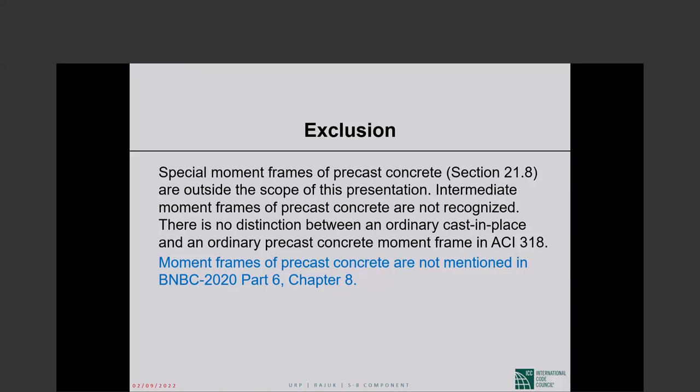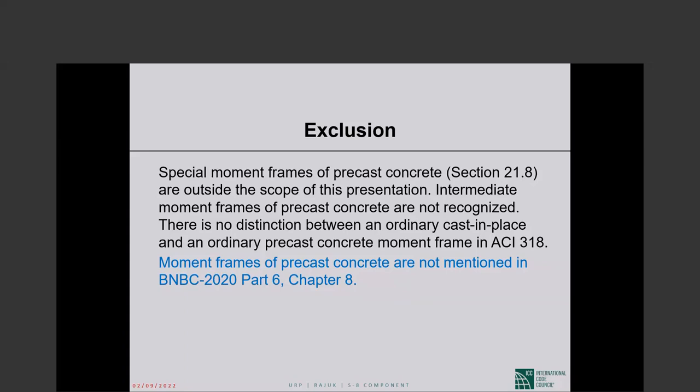And then this has come up before, I think in a question and answer session: moment frames of precast concrete are not mentioned in BNBC 2020 Part 6, Chapter 8. There was a question, and we have posted a written answer to that question on the PRP portal.